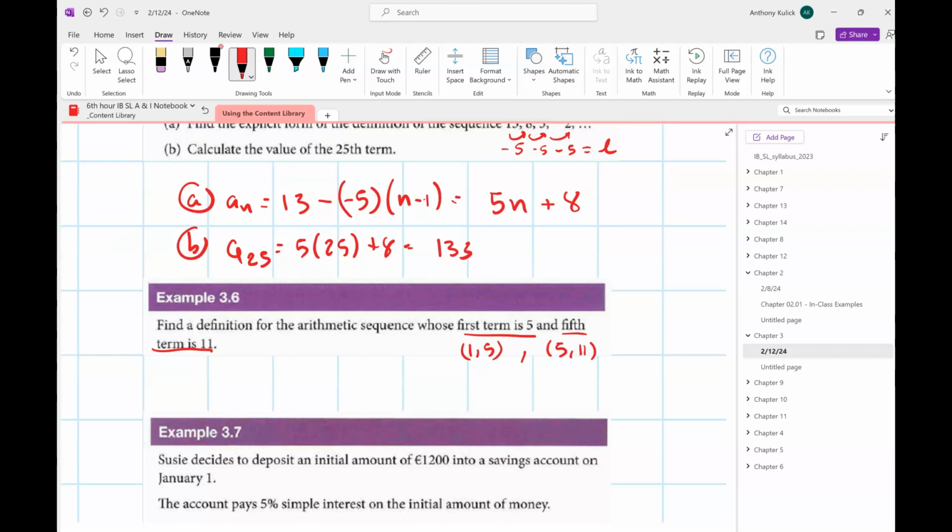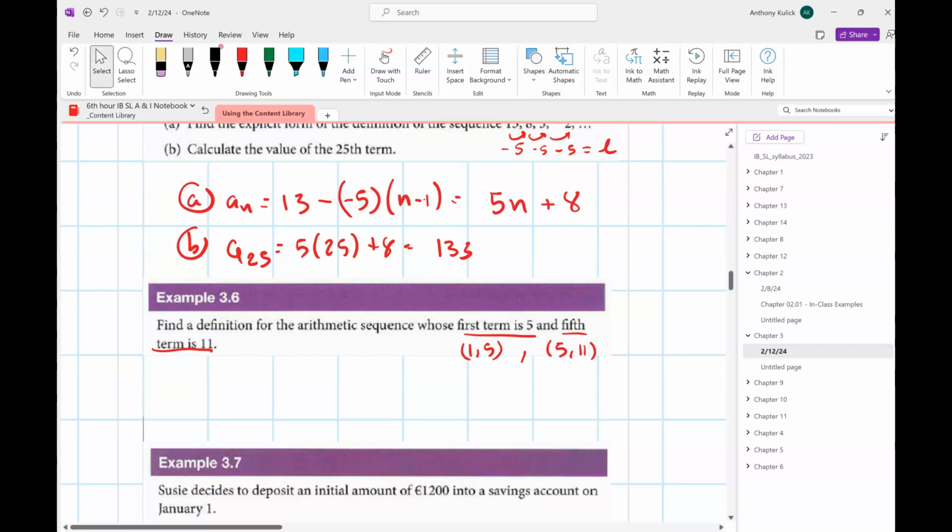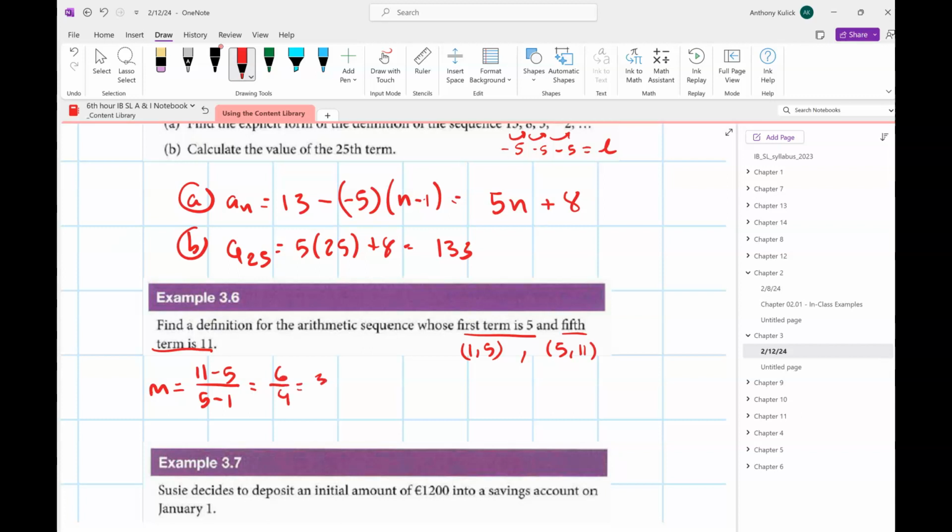What am I going to do with those 2 points? If I want to write the equation for a line, I need slope, so that's 3 over 2.